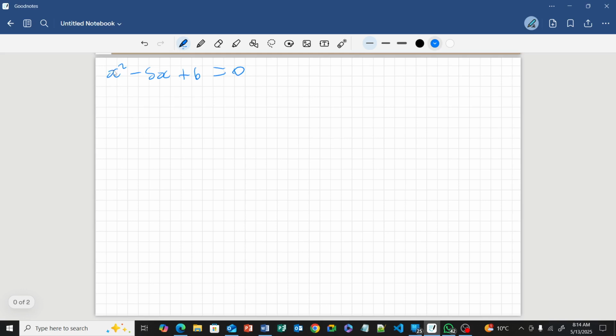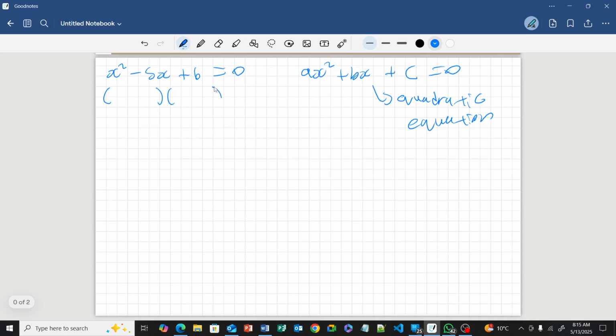Because the highest exponent of x is squared, and because this type of equation is in the form ax squared plus bx plus c equals 0, we call this a quadratic equation.